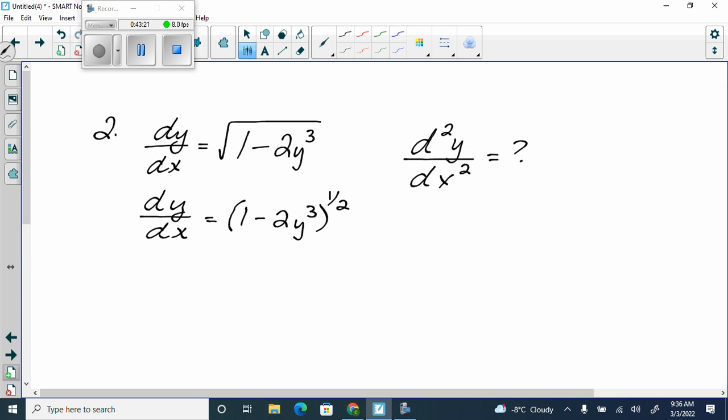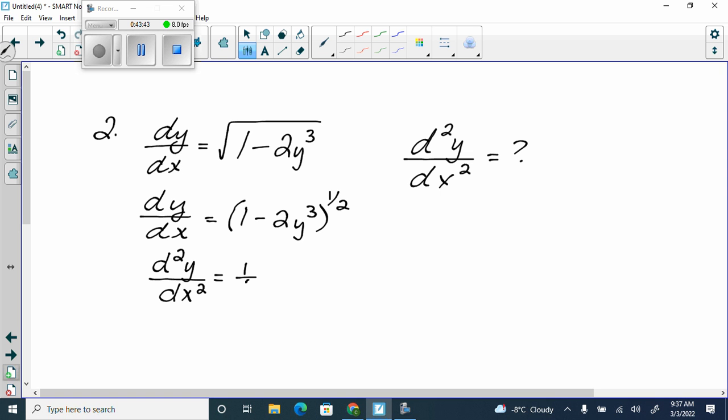All right. So how do we differentiate this? We're going to take the derivative of this. What's the derivative of dy over dx? d2y over dx squared equals. What do we do? Bring the half down. We have to do chain rule. We do the outside first.